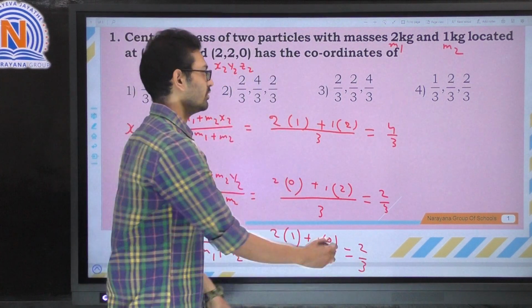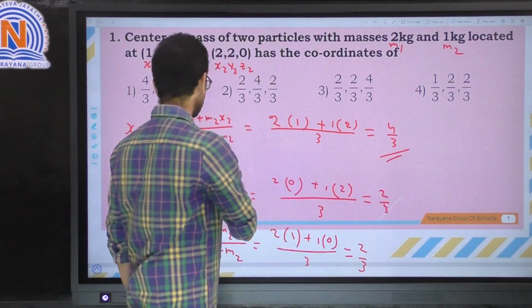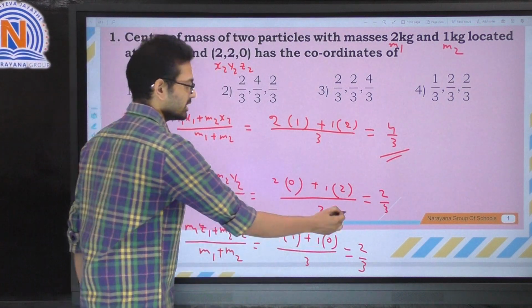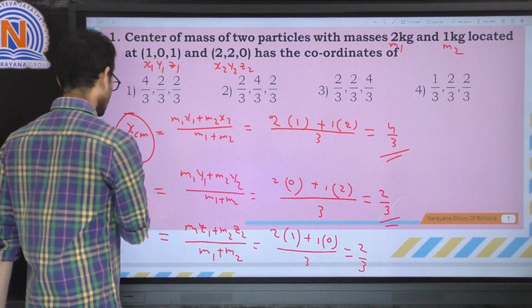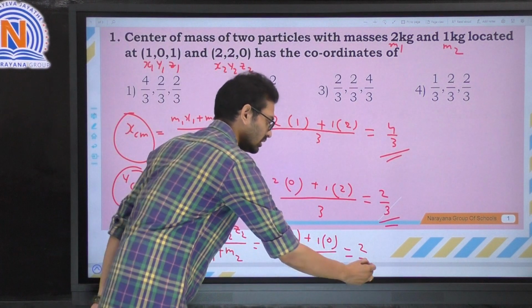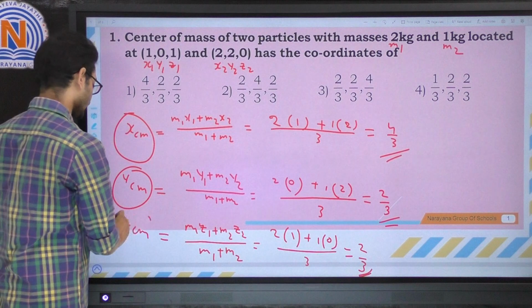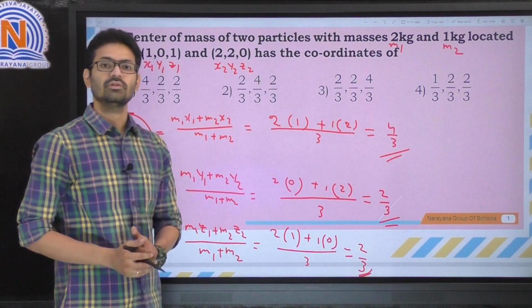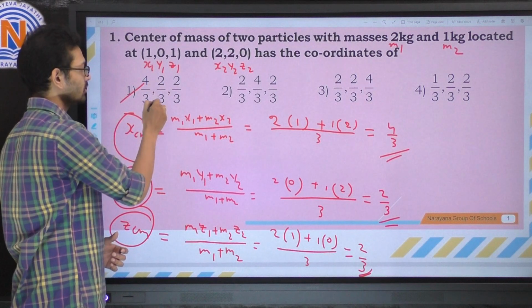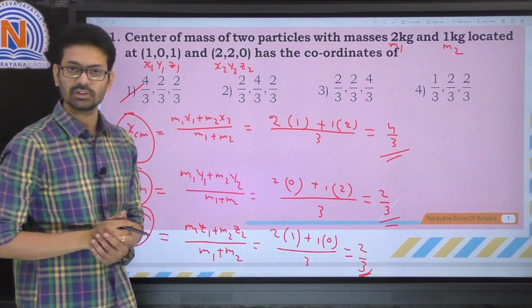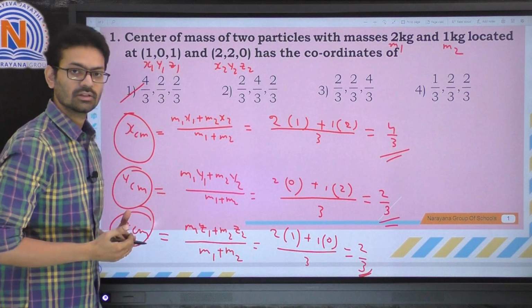So you have 4 by 3 as x center of mass, 2 by 3 as y center of mass, and 2 by 3 as z center of mass. So the answer is the first option: 4 by 3, 2 by 3, and 2 by 3. Hope this is clear for you. Let us go with the next problem.